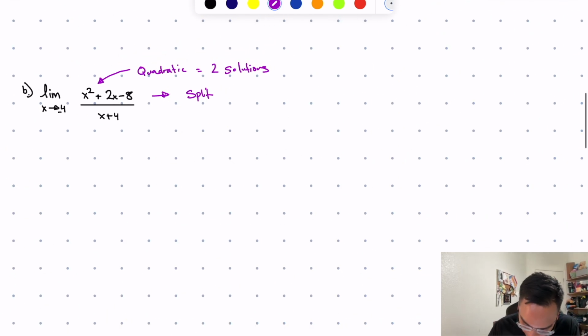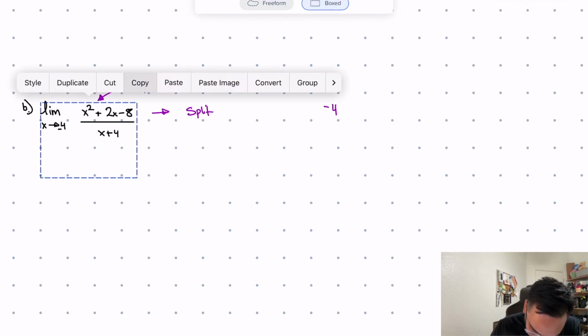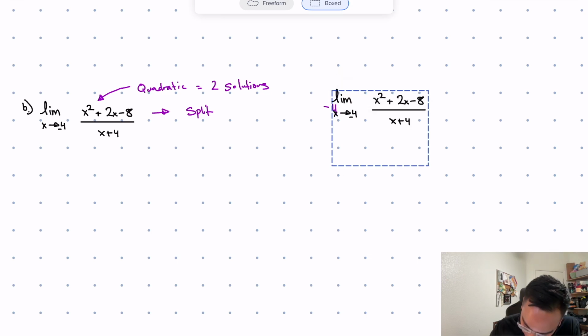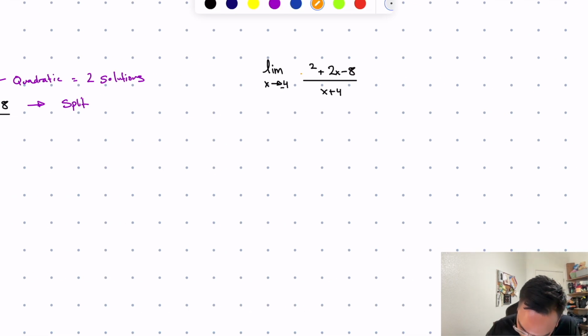The reason why we want to do this is because if we substitute a negative 4, same thing we did with the first one. If we substitute a negative 4 over here, and I'll put it in orange like we did before, negative 4, you'll see that we get 16 minus 8 minus 8 over 0, which is going to be undefined.